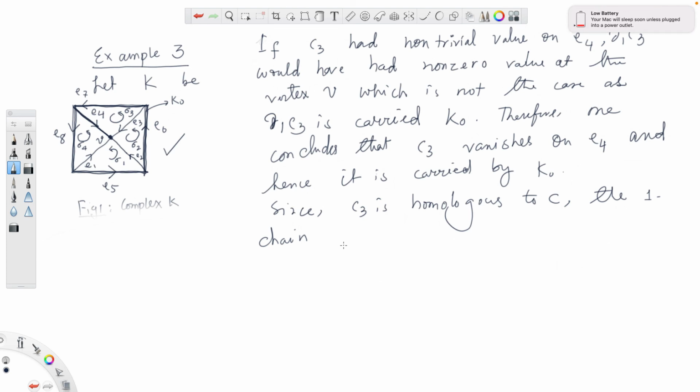Since C3 is homologous to the given one chain C, the one chain C that one started with is also carried by K0.